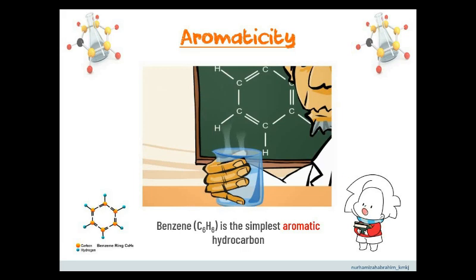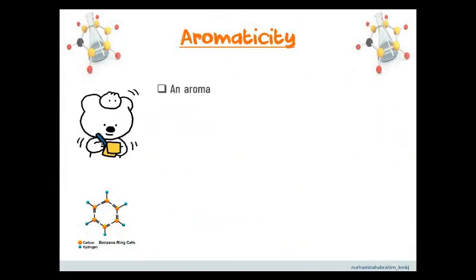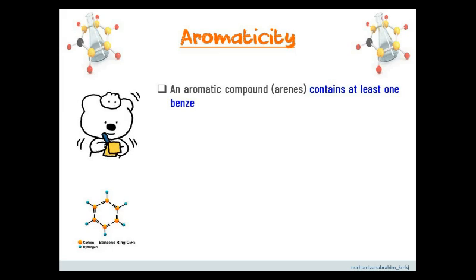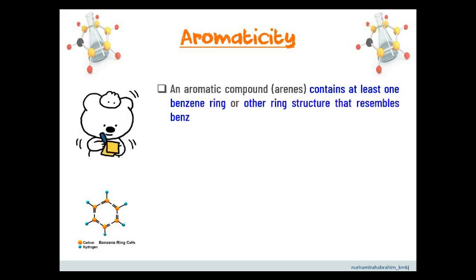Today, compounds are classified as aromatic not on the basis of their odor, but because of their structural features. Nonetheless, the name aromatic compounds is still in use. An aromatic compound, or arene, contains at least one benzene ring, or other ring structure, that resembles benzene in its chemical properties.